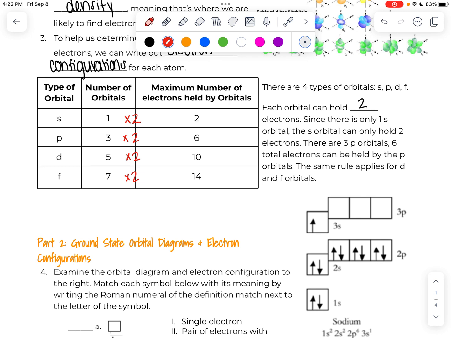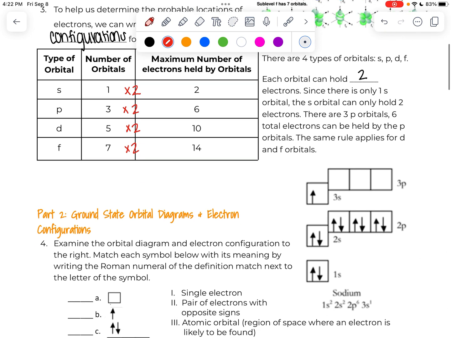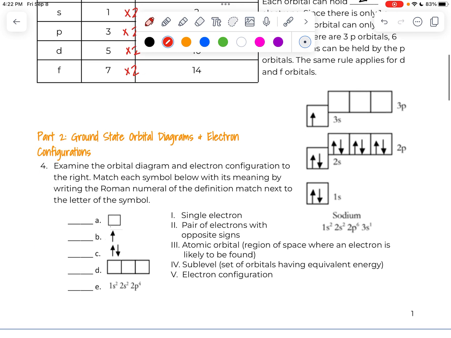But what can we actually do with these orbitals? What information do they give us? What we can do is draw something called a ground state orbital diagram, and that is represented in this little box right here. What this is showing you is a visual representation of the energy that these different electrons have.